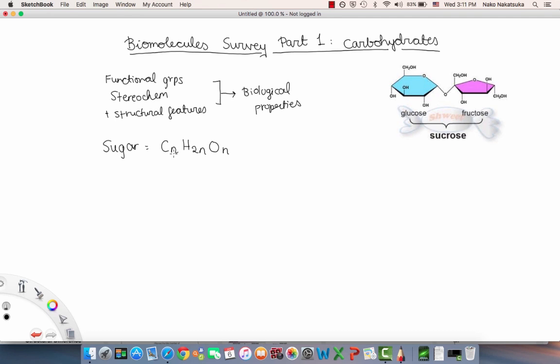So for every one carbon you have two hydrogens and one oxygen. This can actually be rewritten as Cn(H2O)n. And this is where we get carbon and hydrate, and this became carbohydrate.